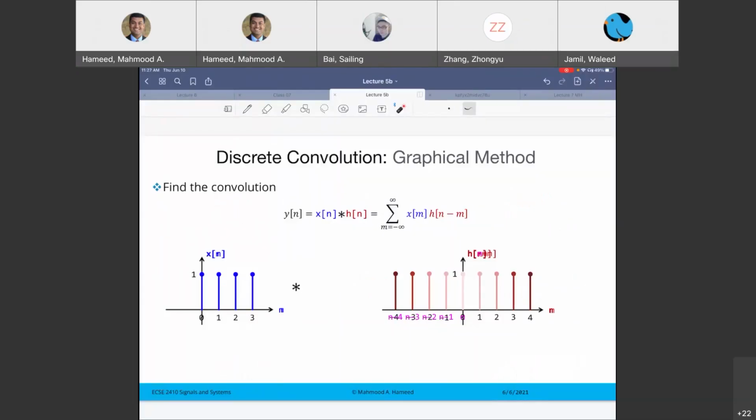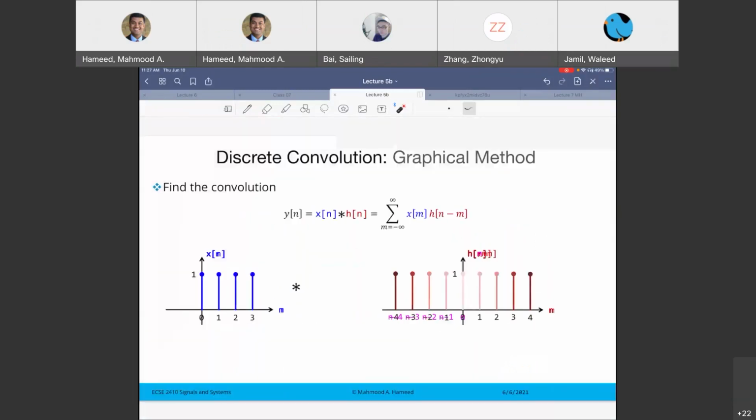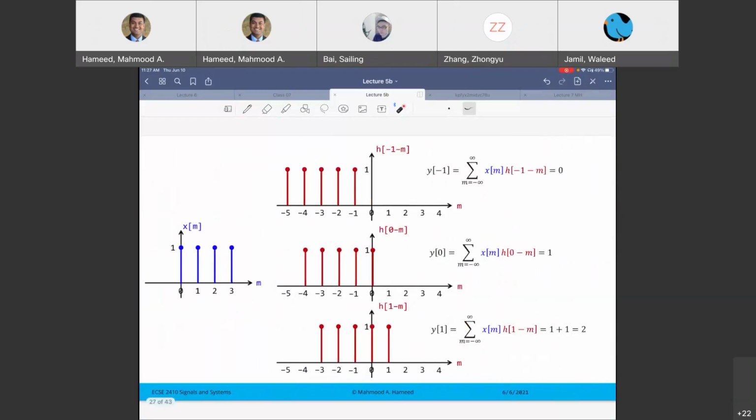All right, so animation was because it would have appeared this way otherwise. Let's see. Let's come back here and continue. All those steps are sort of broken down in these things. So for example, h of -1 minus m, x is here. It is fixed.